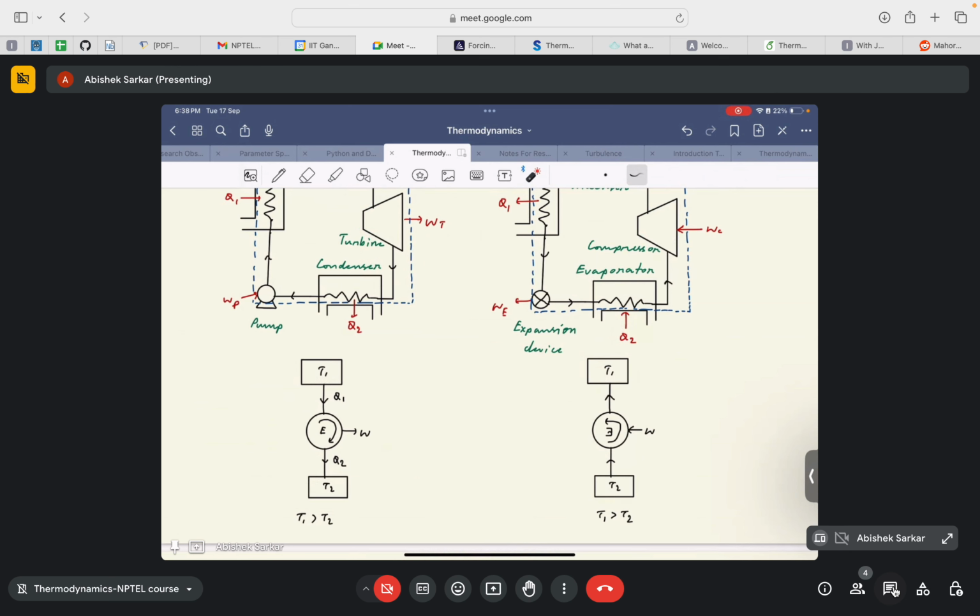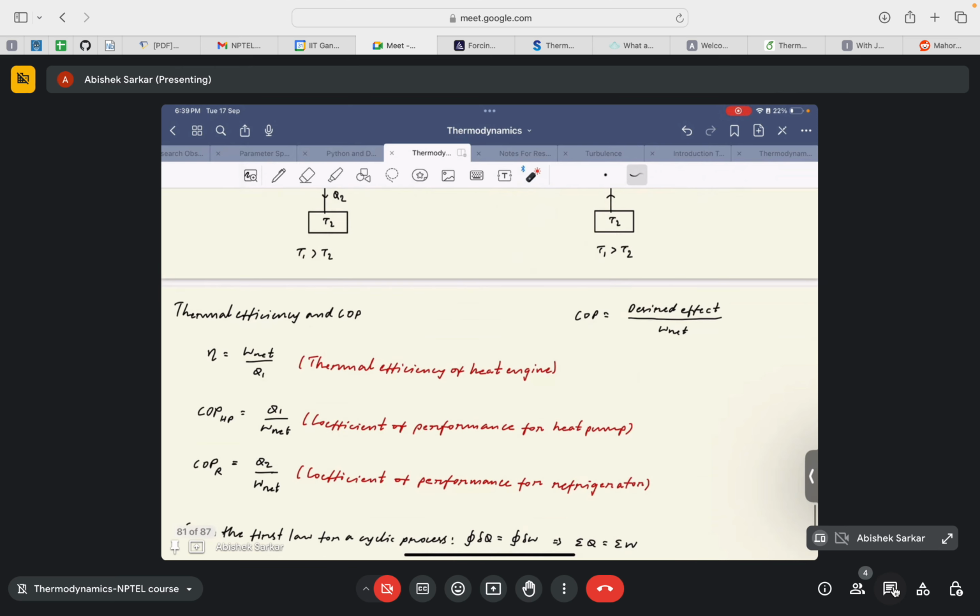So Q2, or basically the heat transfer into the evaporator, is the desired effect. So we will have the COP of refrigerator as Q2 by W net. This is the distinguishing factor between the COP of a heat pump and the refrigerator. These two are basically the same device, but the desired effects are different. So we need to be careful while writing the formula.